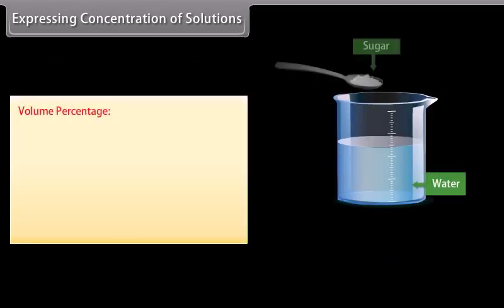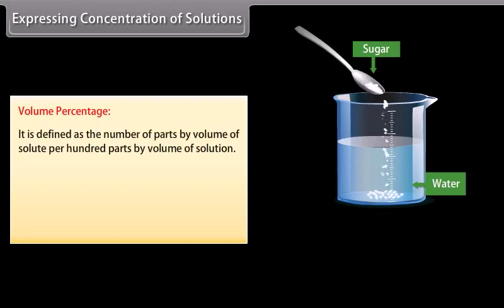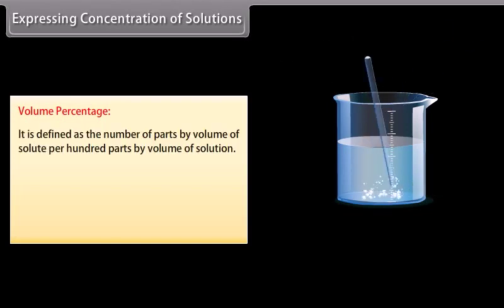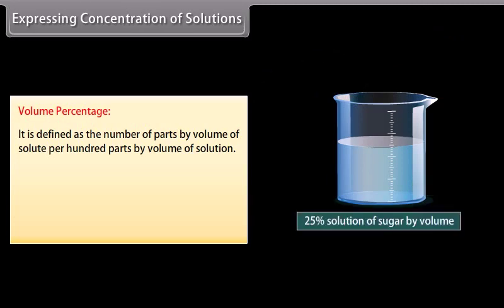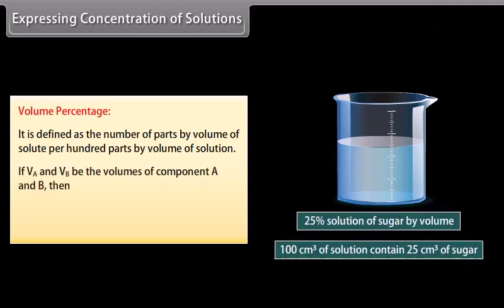Volume percentage: it is defined as the number of parts by volume of solute per 100 parts by volume of solution. If Va and Vb be the volumes of component A and B, then volume percentage of B is equal to Vb upon (Va plus Vb) multiplied by 100.